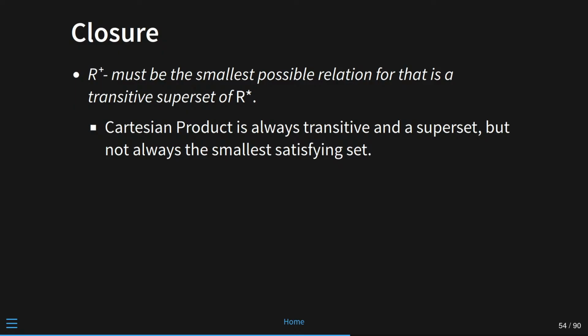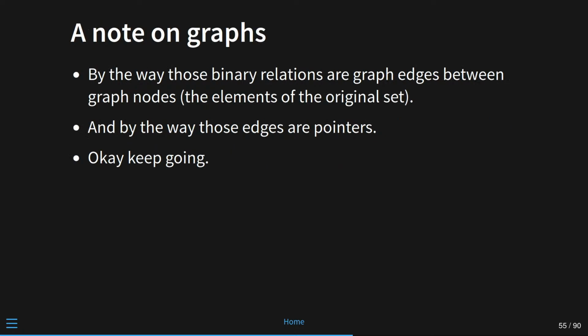Why is this? Well, otherwise you just take the Cartesian product, because the Cartesian product already satisfies transitivity because it has every pair, so it's not missing anything. But you probably don't just want everything, or you'd have taken the Cartesian product, right? So the transitive closure of a relation is the smallest closure satisfying transitivity.